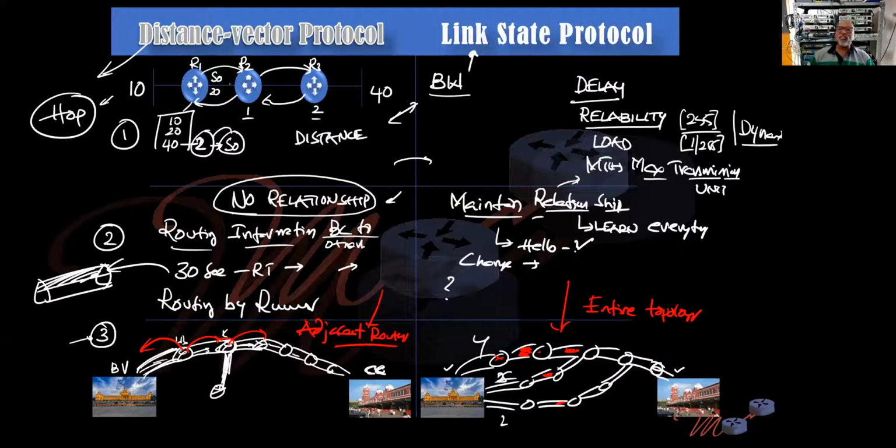Here, you know only the next guy. Here, you know the entire topology, and then decide which is the best one. So all qualities look great, but when you have two lines, you'll know which line is bigger. So this was an old line. This is a new line.